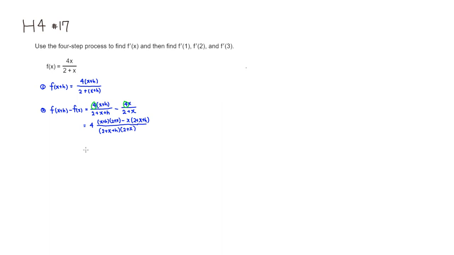So 4 is there, and we just need to multiply out. The denominator stays the same: 2 plus x plus h times 2 plus x. Here x times 2 gives you 2x. I'm distributing x to 2 and x, so it's going to be plus x squared.